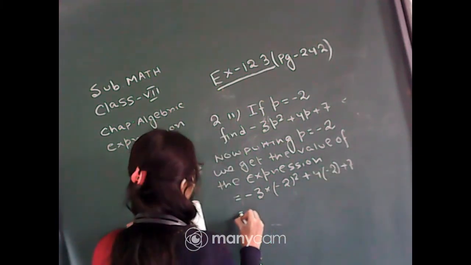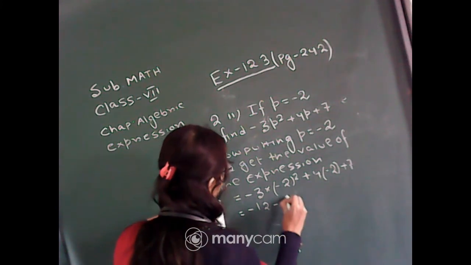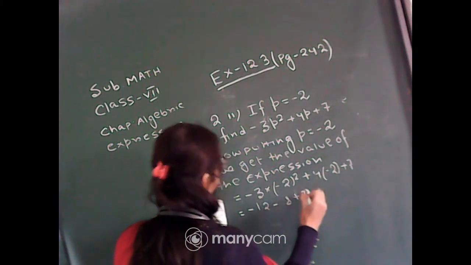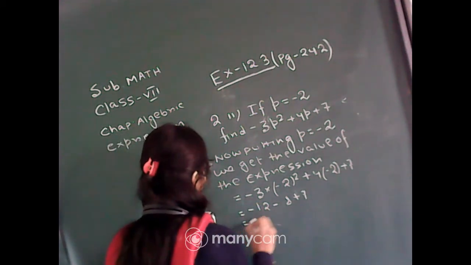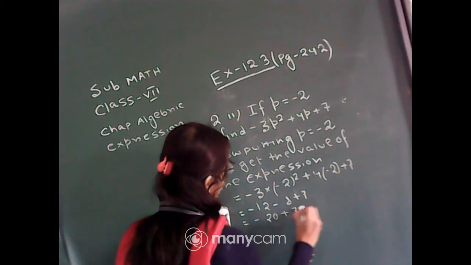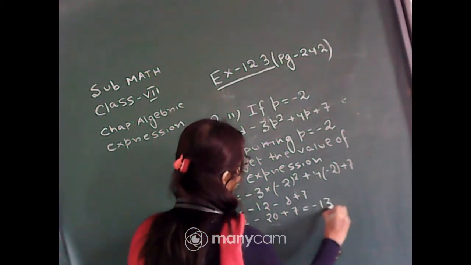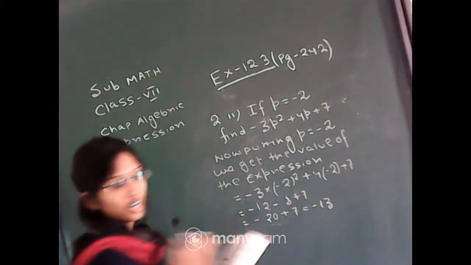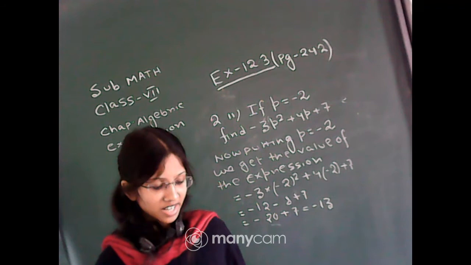This is equal to minus 12 minus 8 plus 7, and this is equal to minus 20 plus 7, and finally the answer is minus 13. Therefore the value of the expression is minus 13.